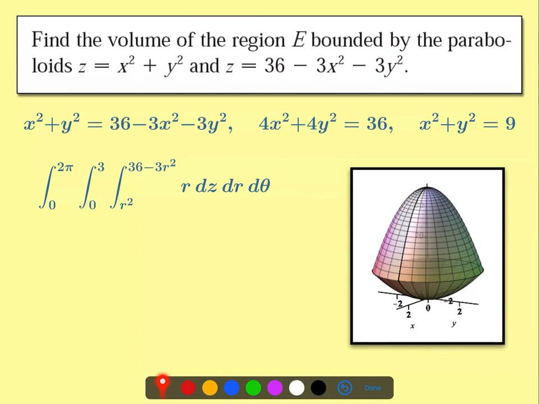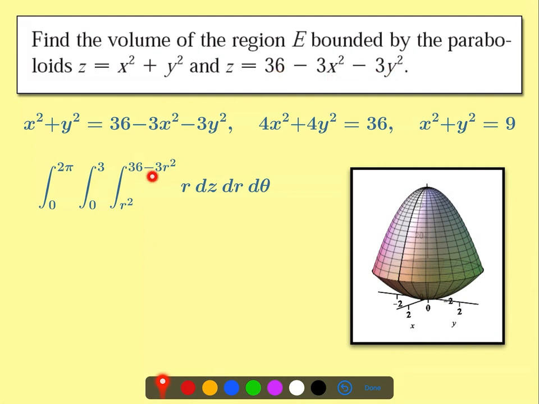We have to write that in polar coordinates or cylindrical coordinates where x squared plus y squared is r squared. So we get z equals r squared, and that's on the bottom. That's this paraboloid, and this paraboloid is the top one. And here again, with x squared plus y squared equal to r squared, this will be 36 minus 3r squared.